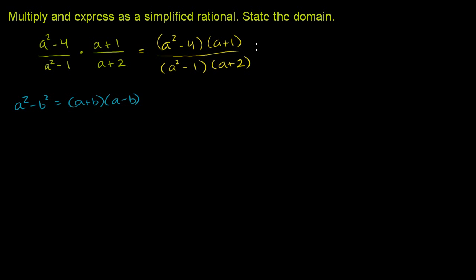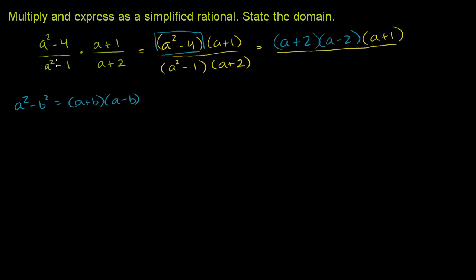So this top part, we can factor the a squared minus 4 as a plus 2, right? 2 squared is 4, times a minus 2, and then that times a plus 1. And then in the denominator, we can factor a squared minus 1.